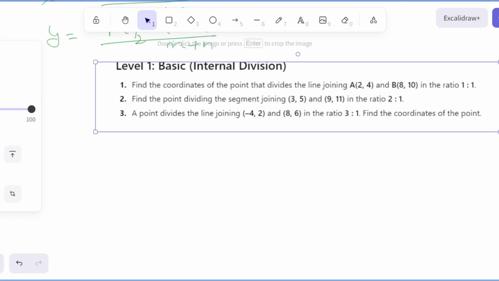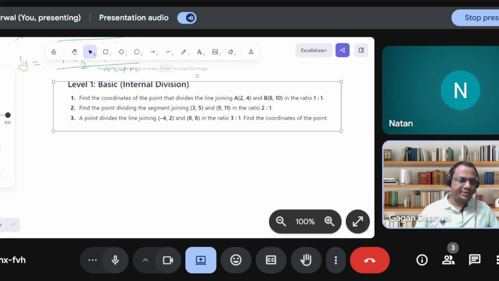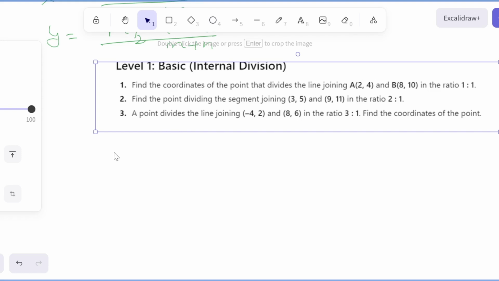Same like how we did the distance formula questions, this is also similar. We just have to remember the formulas. I told you if we remember the distance formula, we can find the distance between any two points. Same is over here. If we remember the formula of how to find the coordinates which divide the line, it should be good then.